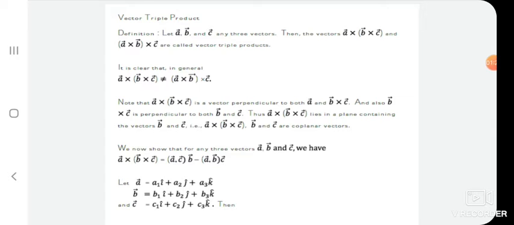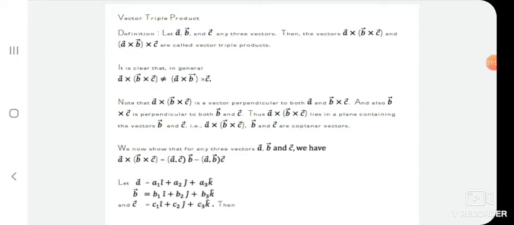Okay, let a, b and c be three vectors. Then the vectors a cross b cross c and a cross b cross c are called vector triple products.